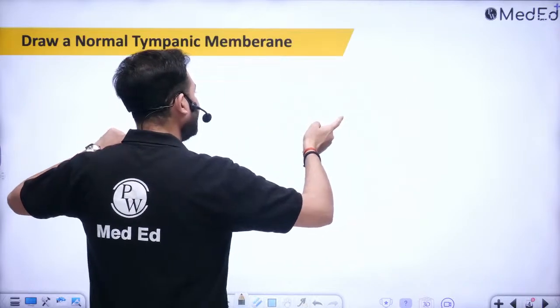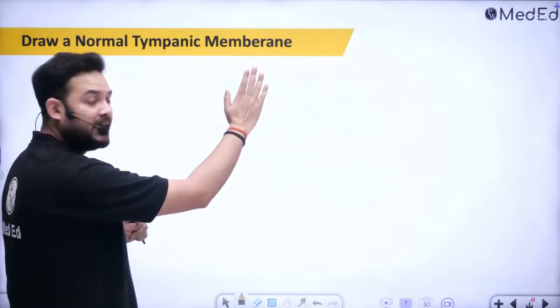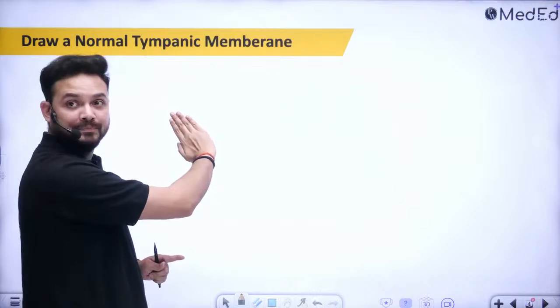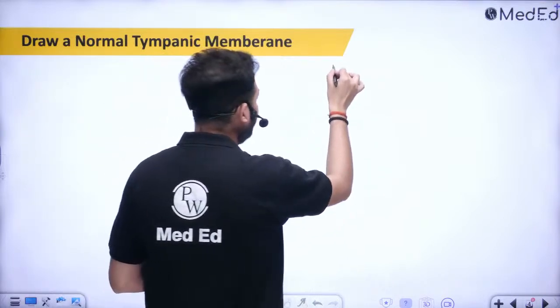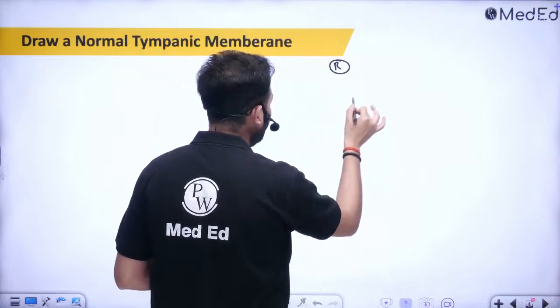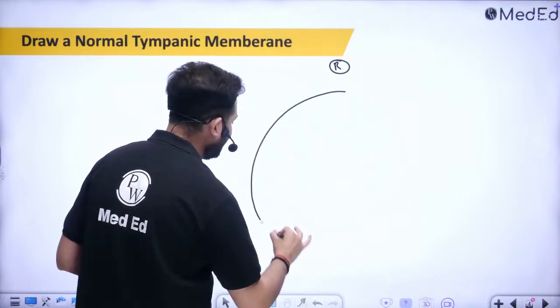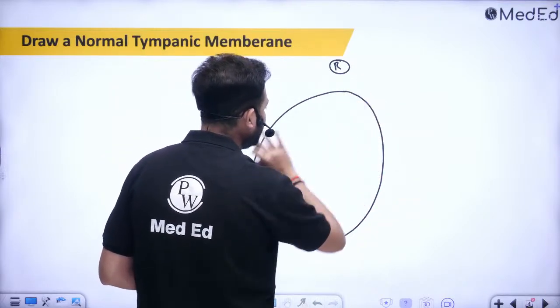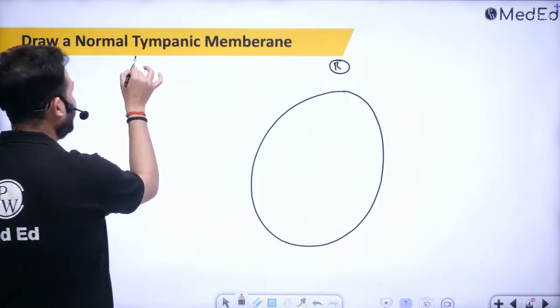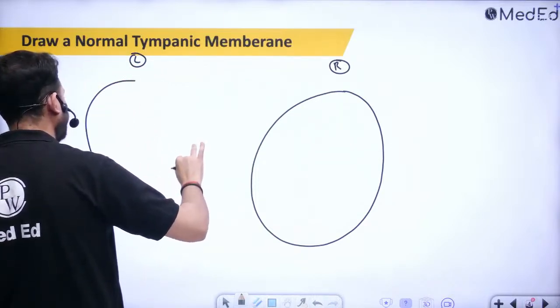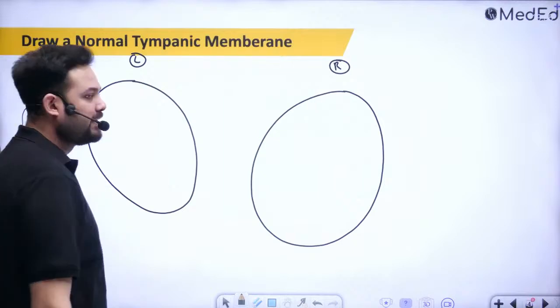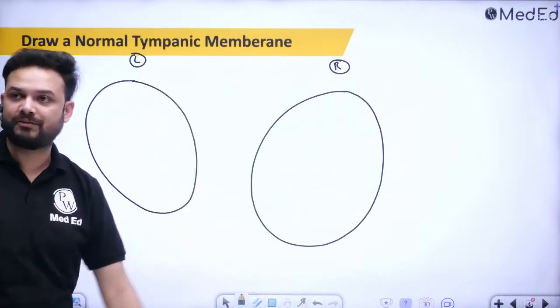If you are drawing a tympanic membrane of the left side, tilt your hand towards the left side. Okay, अब इसका क्या मतलब हुआ? That means if I'm drawing the right side tympanic membrane, I'll tilt my hand, I'll draw a circle which is tilted towards the right. If I'm drawing a left side tympanic membrane, then I'll tilt my hand towards the left. ये मेरी हो गई दो tympanic membrane, एक इस तरफ, एक इस तरफ.